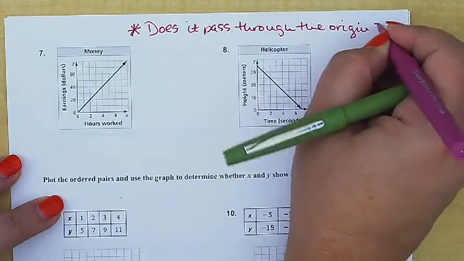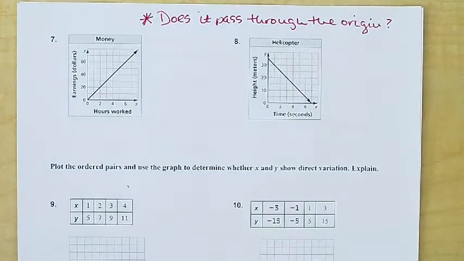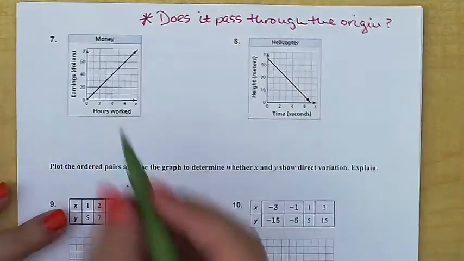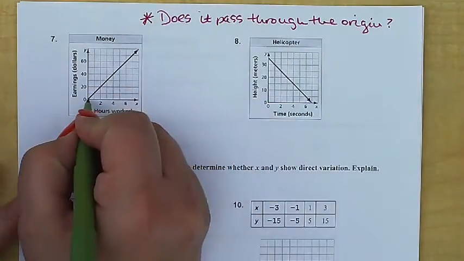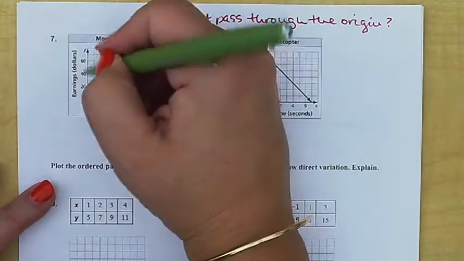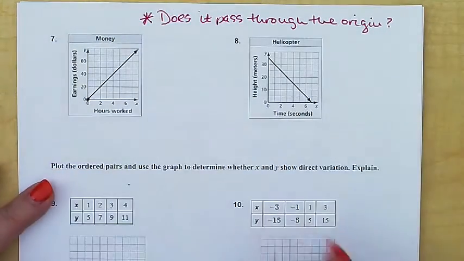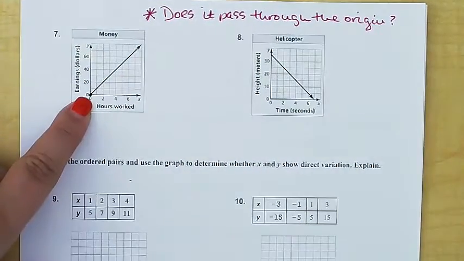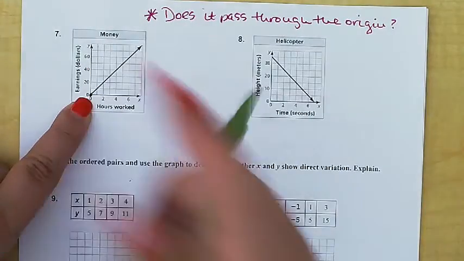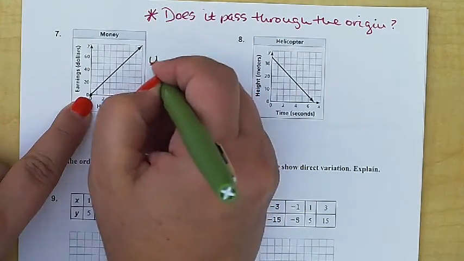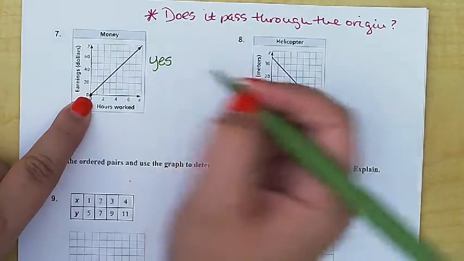Actually, I should be more precise. Is it a line and does it pass through the origin, right? Is it a straight line and does it pass through the origin? So it's very easy to look at, as long as you know that the origin is this point here, (0, 0), where the x and y axis intersect. If you see that your line passes through that origin, like on number 7, we can say, yes, this is a direct variation.